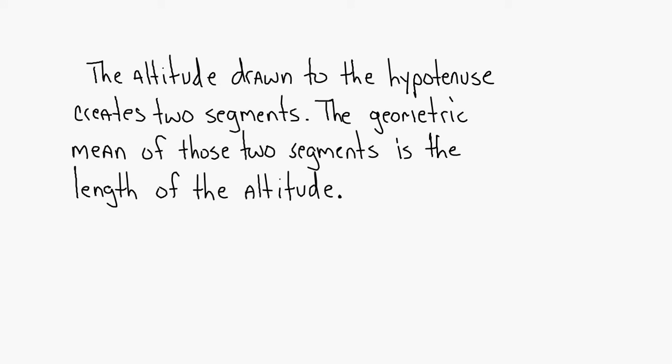The altitude drawn to the hypotenuse creates two segments. The geometric mean of those two segments is the length of the altitude.